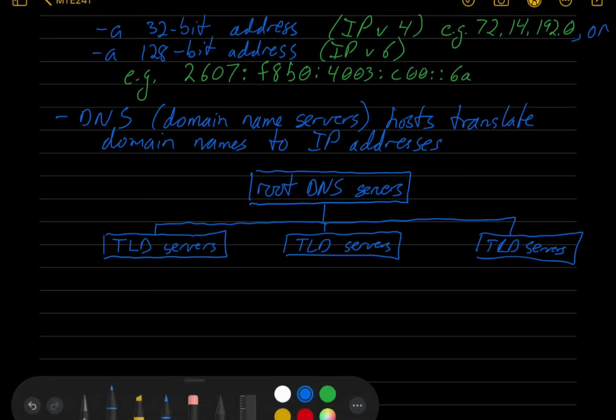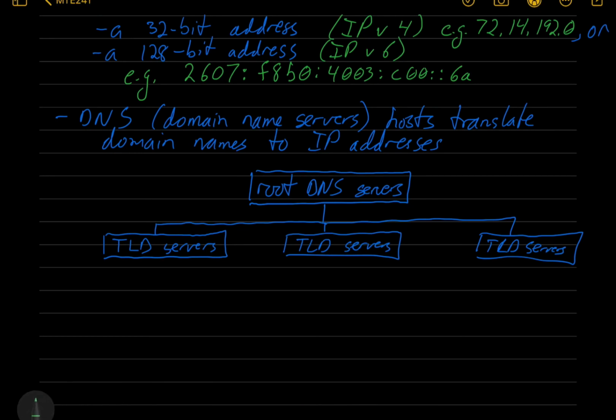And so an example of a top-level domain would be something like .com is a big one, .edu is another one, .ca would be another one.